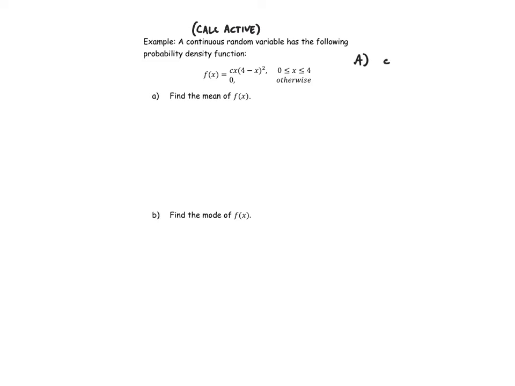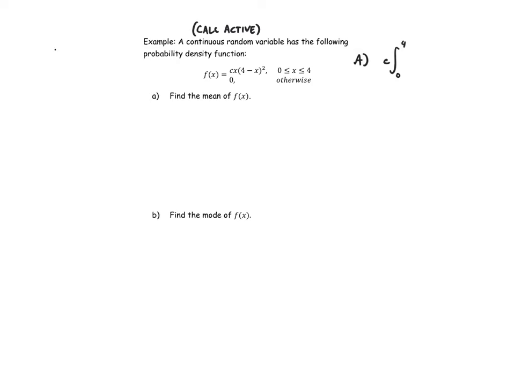I want to say that the integral from 0 to 4, clearly based on this PDF, that's our only restriction here. That's our domain. So 0 to 4 of f of x, and I'm actually going to type this as y1.